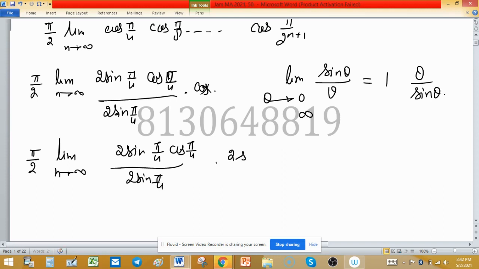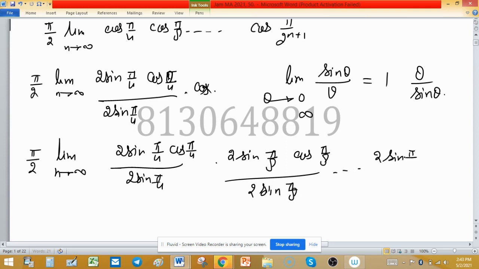Next term will be 2 sine pi upon 8 and cos pi upon 8 and need to divide by 2 sine pi upon 8 and so on, up to 2 sine pi upon 2 raised to the power n plus 1 cos pi upon 2 raised to the power n plus 1 divided by 2 sine pi upon 2 raised to the power n plus 1.